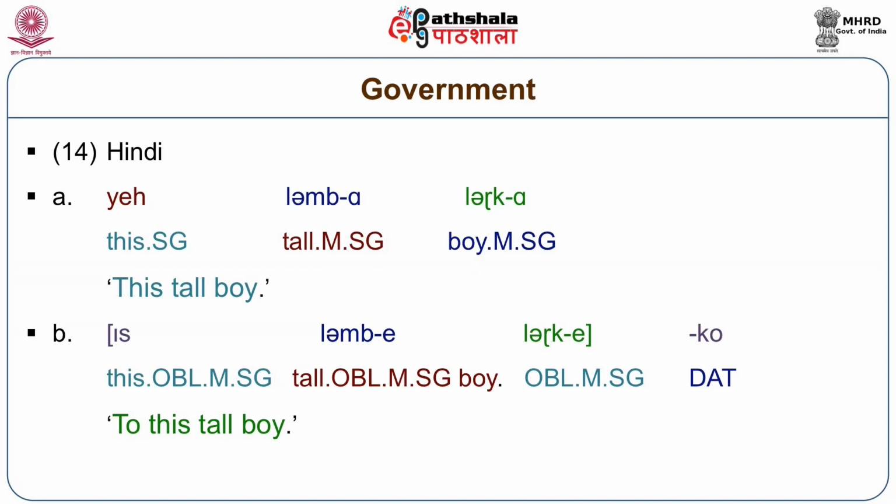In is lambe ladke ko, the adjective agrees in number and gender and oblique case with the noun. The noun got its oblique case from, or assumed its contextual feature of oblique form because of, the case marking of ko.